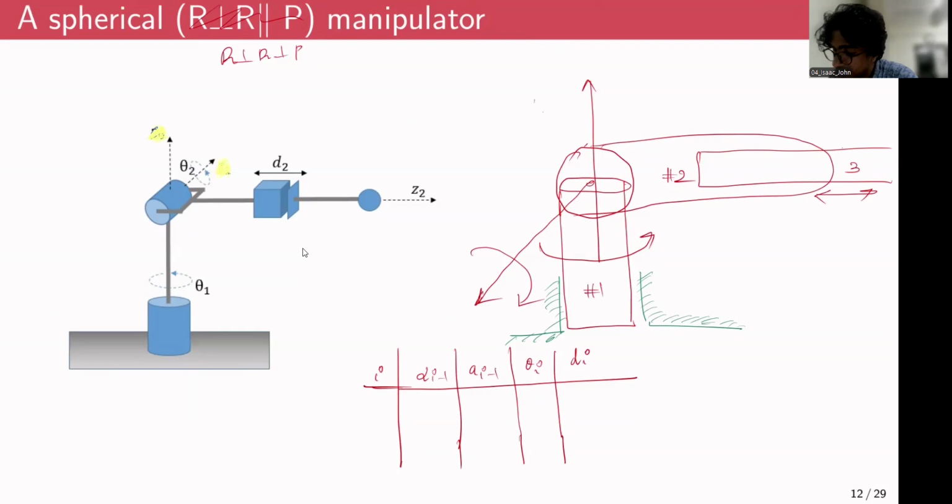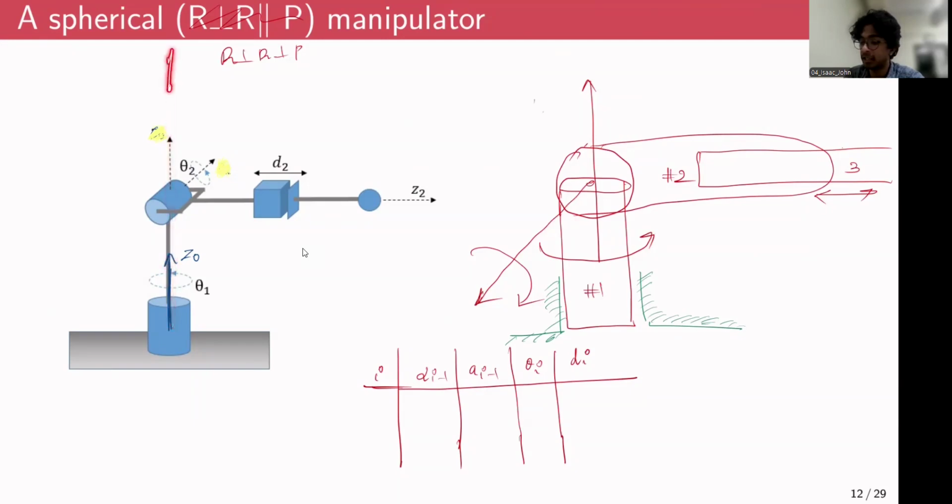So we'll begin with the first link. The first revolute joint is basically a vertical joint, right? It's actually along the vertical direction. So maybe I'll fix a frame of reference somewhere around here, and I'll call this Z0, right? You can essentially attach this Z0 anywhere along this vertical axis.